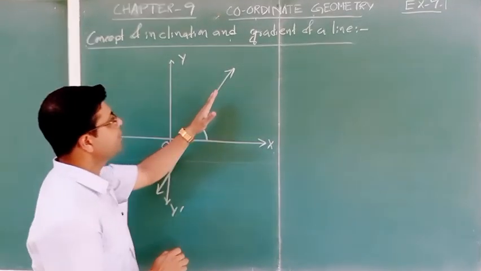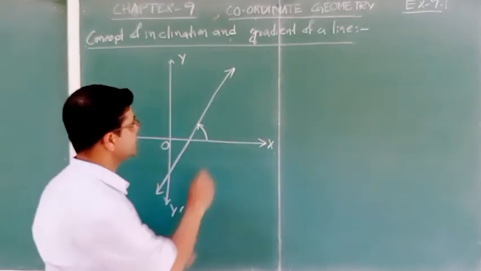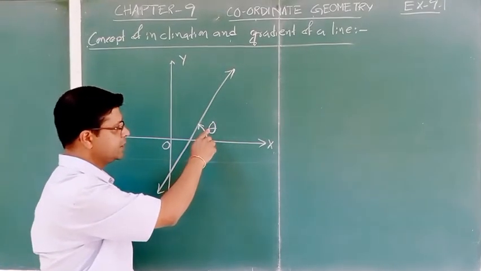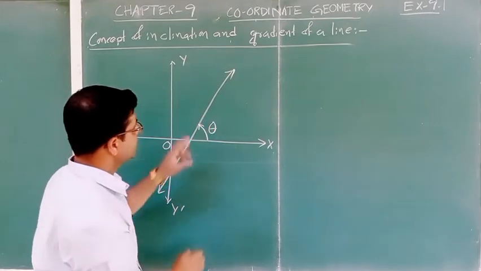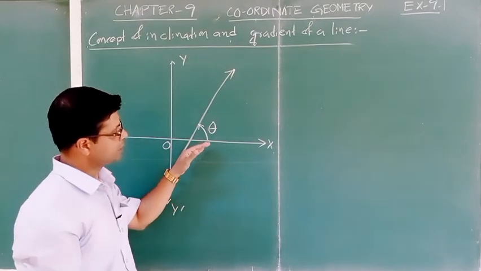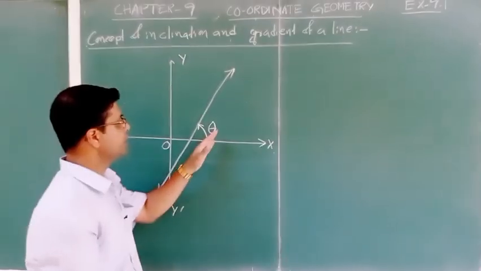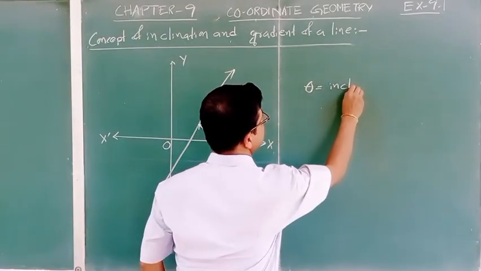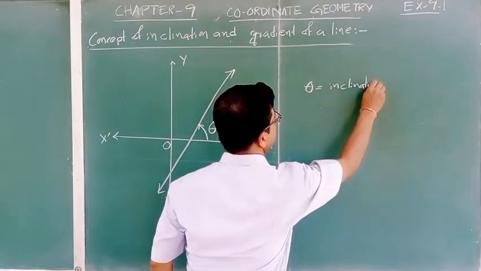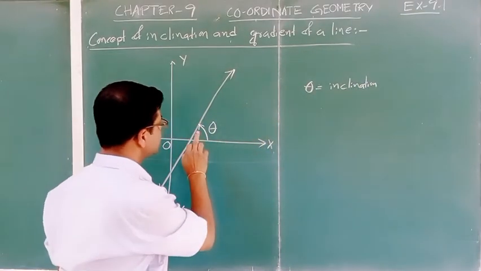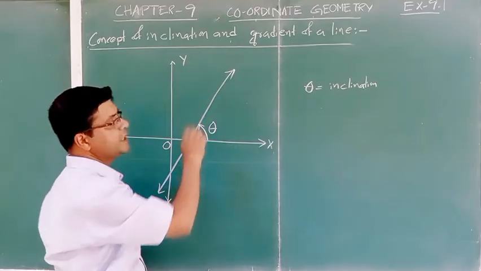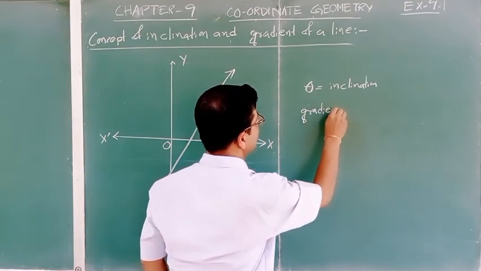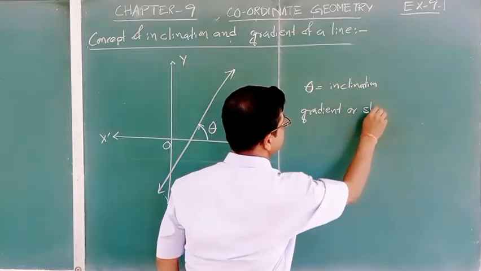The angle made by the line with the positive direction of the x-axis is called inclination. I repeat, the angle made by the line and the positive direction of the x-axis is called inclination. Here theta is the inclination. Another word is gradient, or slope.